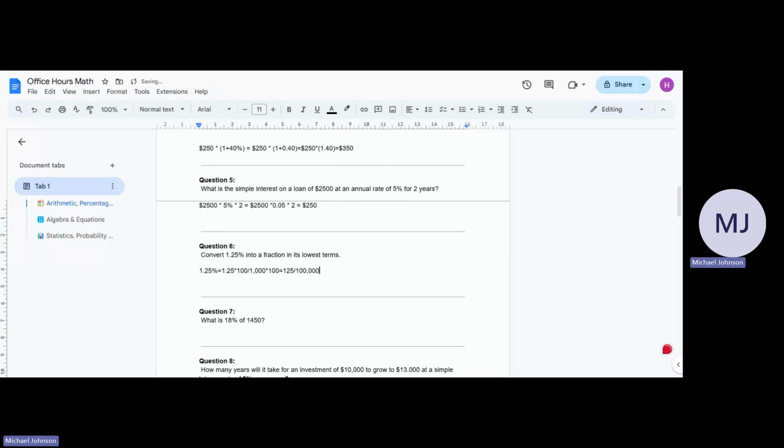And then we divide by 125. So we do 125 divided by 125, and then 10,000 divided by 125. And then we get 1 over 80. So that's how we would do that one to simplify it.